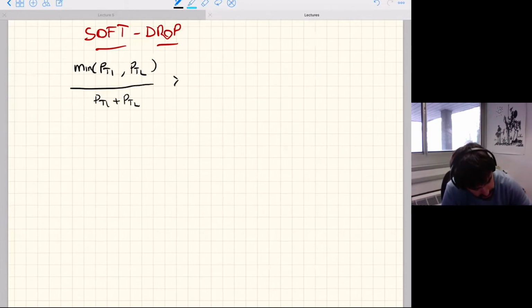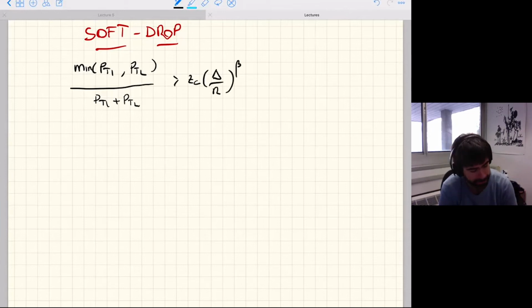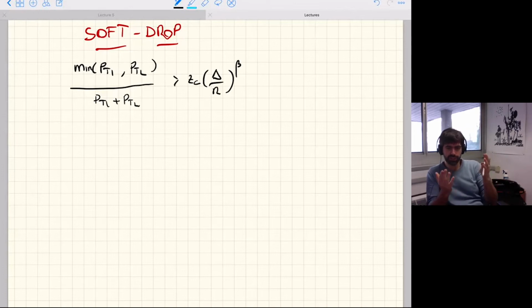And we ask ourselves whether this is bigger or smaller than an energy cut parameter z cut times an angular distance in the azimuth-rapidity plane to some power beta. If this condition is satisfied, it means that the 2 guys equally share the energy, weighted by some angular exponent. And so if this is satisfied, we keep this jet and we call it a soft drop jet. If this condition fails instead, we drop the softer of the 2 from the jet.